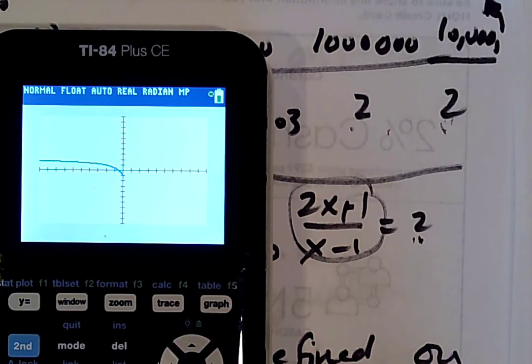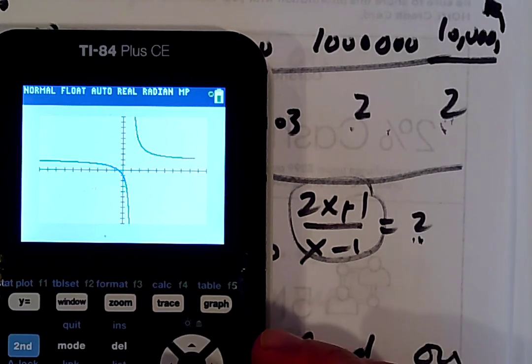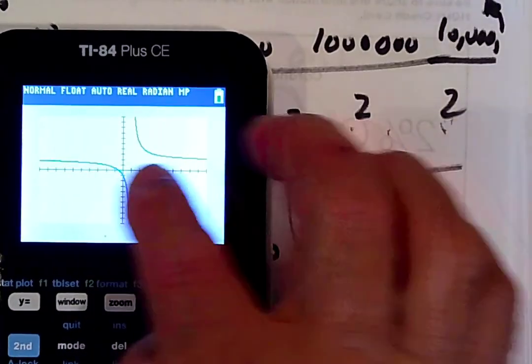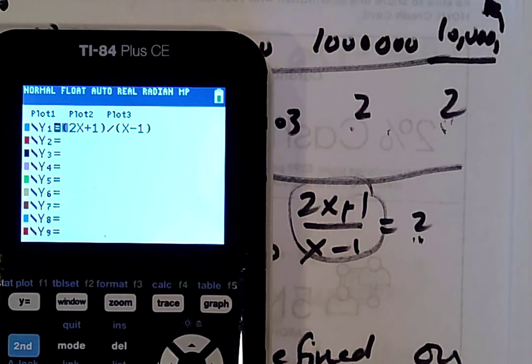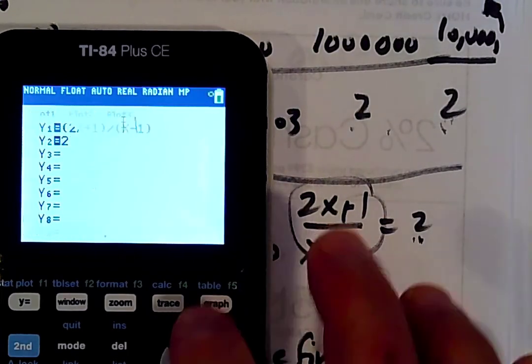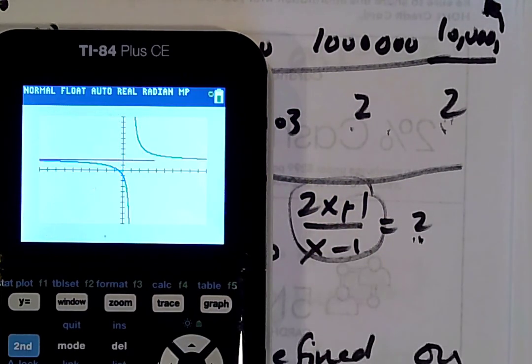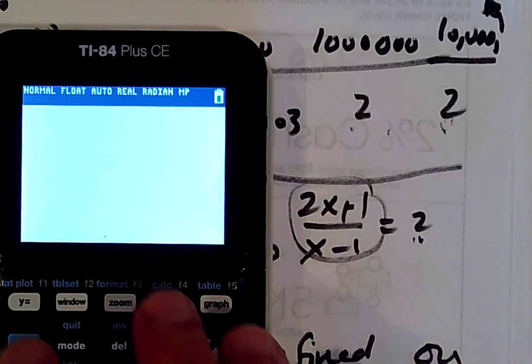You can see as x goes to negative infinity or to positive infinity, y equals 2. And if we draw the line y equals 2, you can see how the horizontal asymptote acts. So the curve goes along that horizontal asymptote as x goes to negative infinity or to positive infinity, okay?